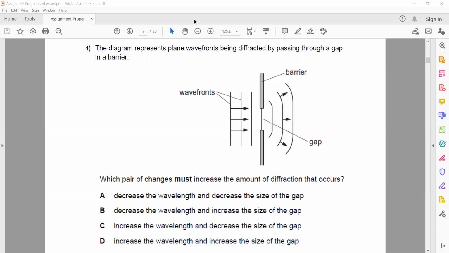So we should increase the wavelength and make a narrow gap. When the gap size is equal to or smaller than the wavelength, maximum diffraction occurs. So the wavelength should be greater and the gap size should be smaller for maximum diffraction. And how do we represent maximum diffraction? We represent it by curved wavefronts.